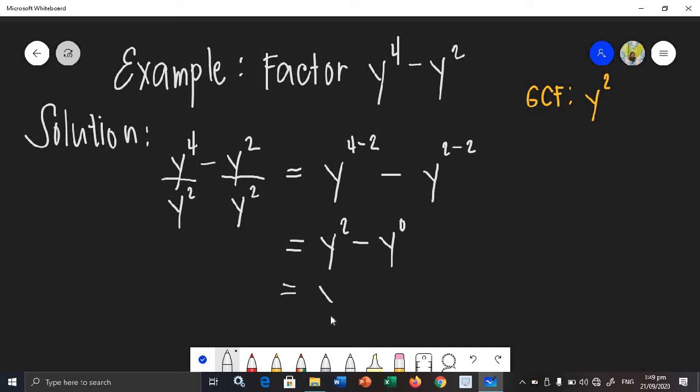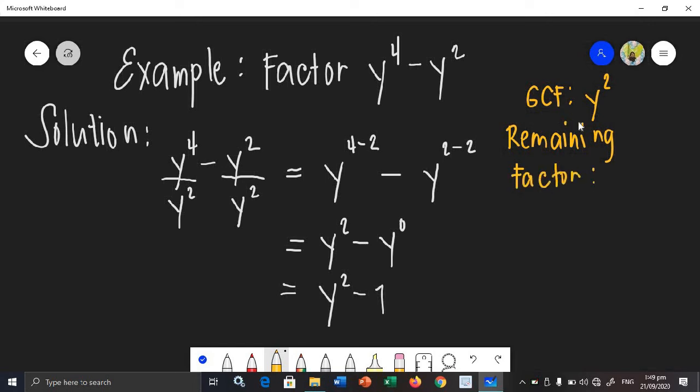Okay? So, y squared minus y raised to 0 is simply equal to 1. So, ngayon, ang remaining factor natin ay itong sinolve natin. So, that is your remaining factor.